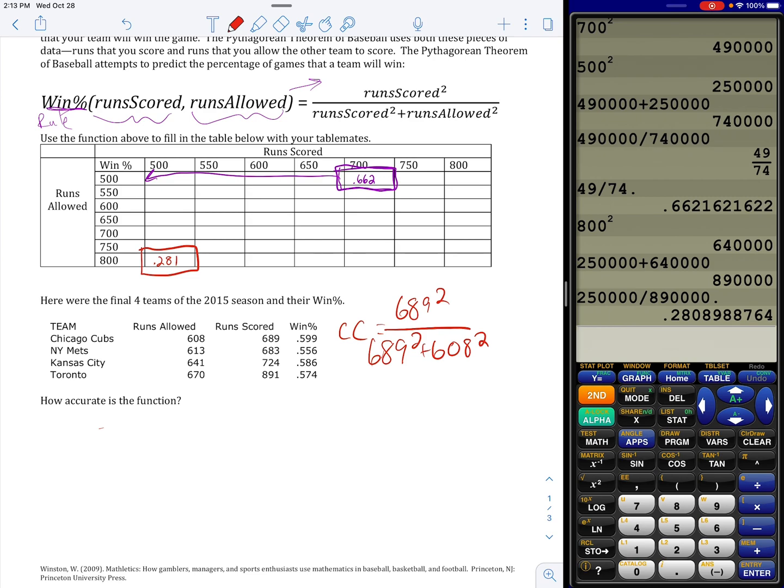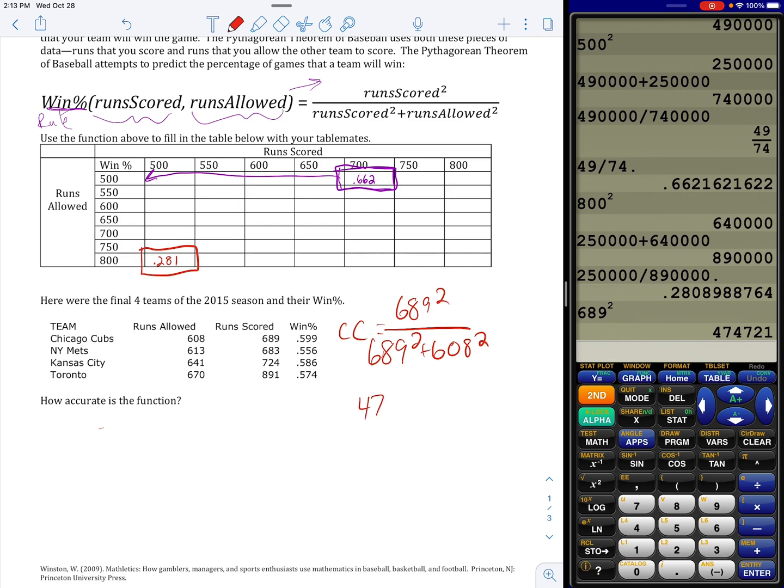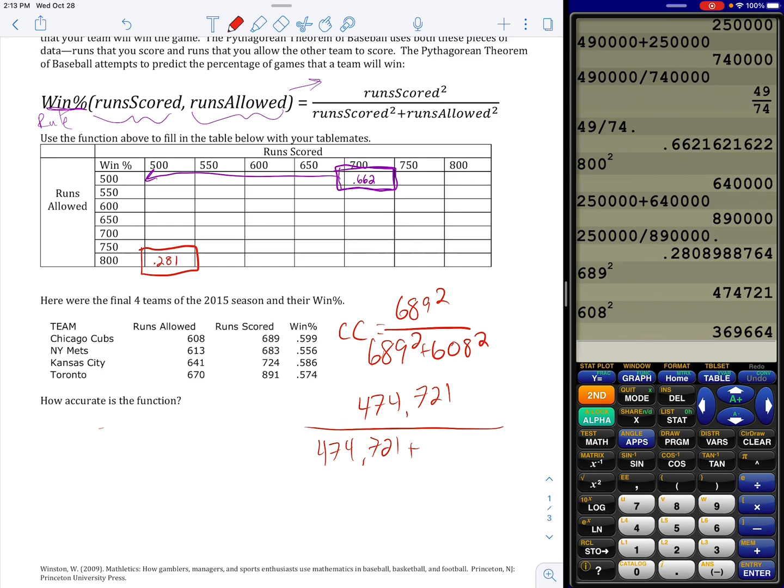So 689 squared gives me 474,721 over 474,721 plus 608 squared, which is 369,664. I'm going to add that to 474,721.